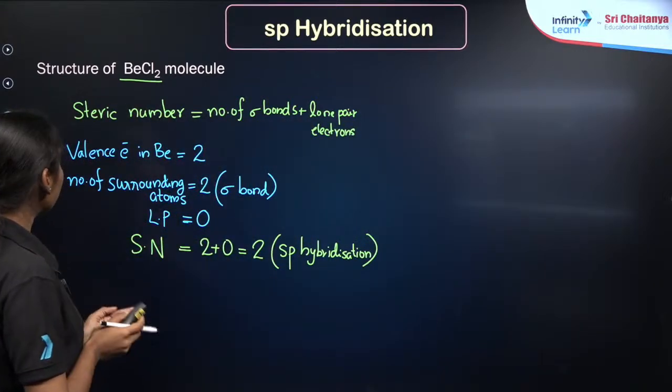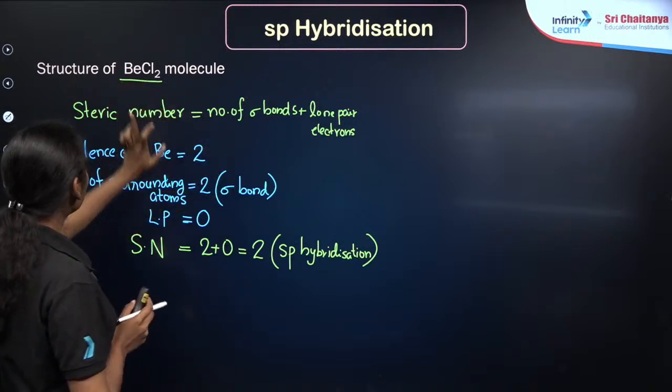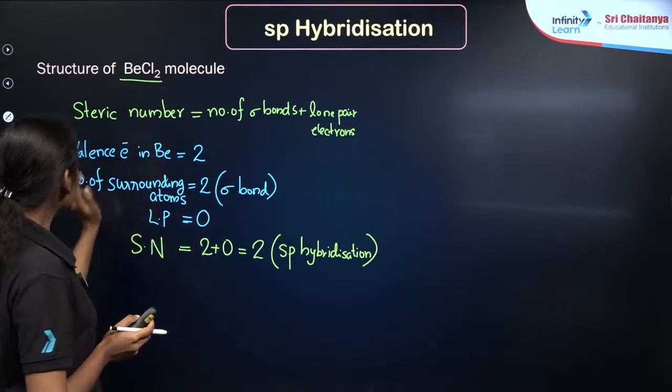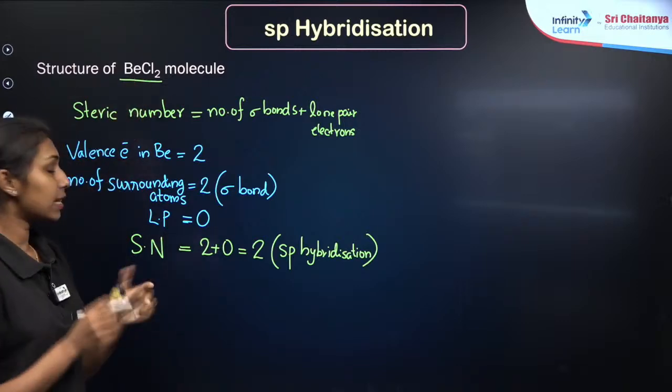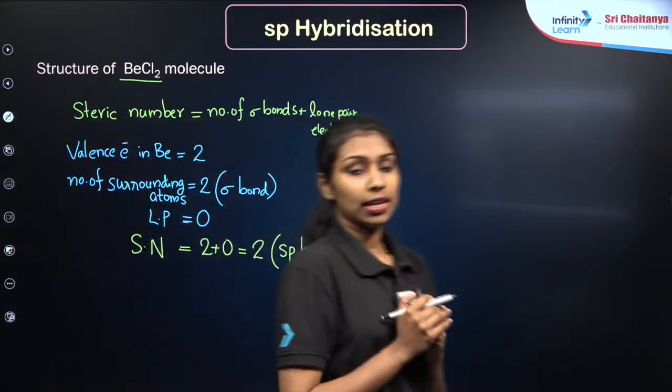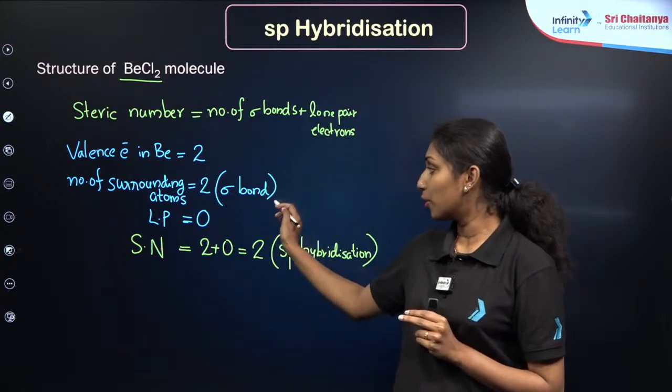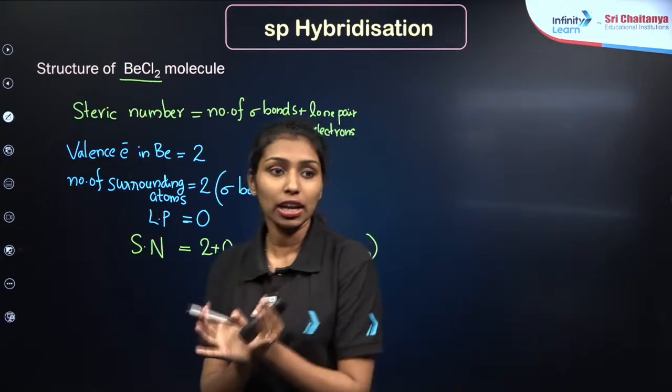Steric number calculation, right? The number of sigma bonds. As you already know, beryllium has 2 valence electrons, in which 2 chlorine atoms are present, which means that 2 sigma bonds are forming there, right? In which the 2 valence electrons are undergoing bond pairs, which means that there are no lone pairs, right?